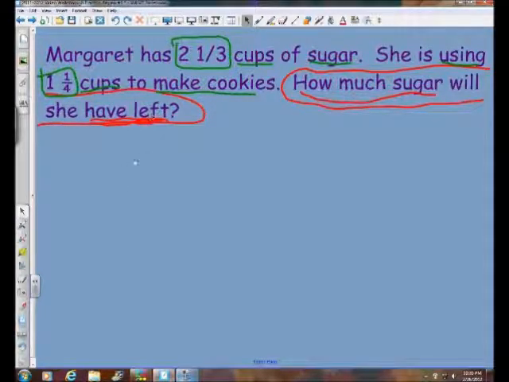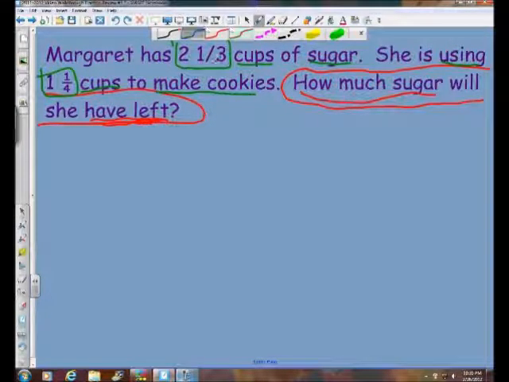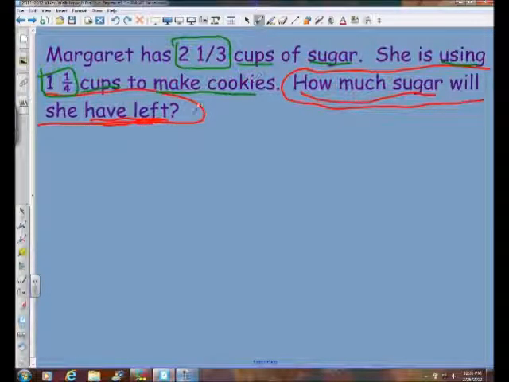So let's take a look. We've got this clue down here. How much will she have left? So like I said, that's a hint that we're going to be taking something away here. So let's set it up down below, and hopefully you're thinking about what operation you're going to be using here.